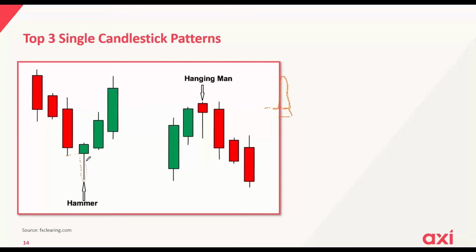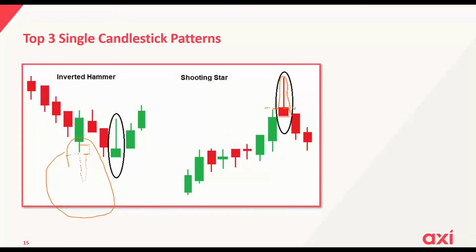And the bulls overtook them, and not only brought them back to where they started, but pushed them up even further to close higher than that. So that is the strength of a hammer, right? So the hammer formation for bullish reversals, and the shooting star for bearish reversals are some of my favorites, right?